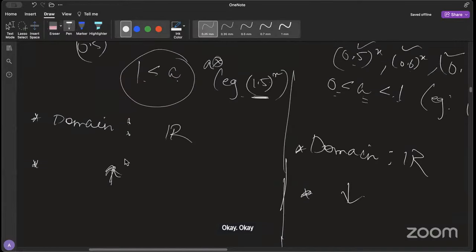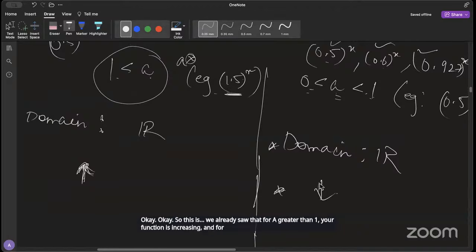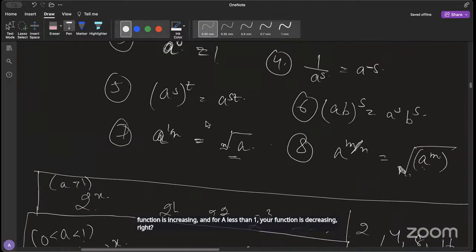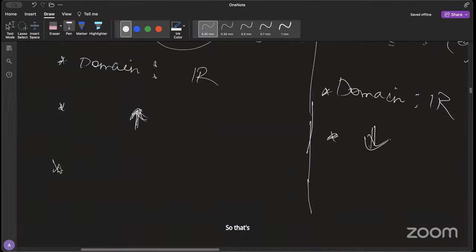Okay. So we already saw that for a greater than 1, your function is increasing, and for a less than 1, your function is decreasing, right? We just checked it here for this one. So that's one thing. And then let's come to the graph. Or even before coming to the graph, let's first find the range.